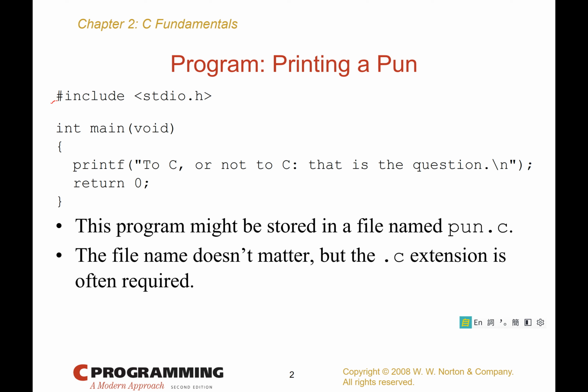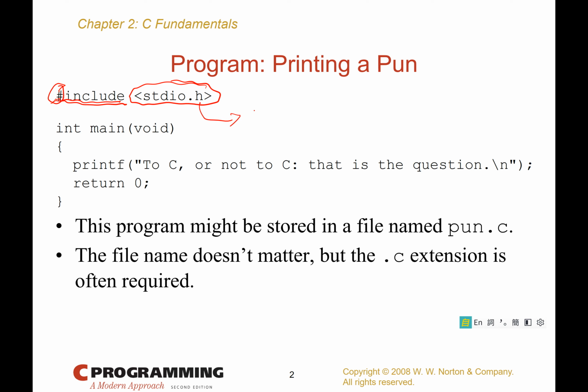We call this include. It starts with the pound sign. So include is a preprocessor directive, a preprocessor command. What you do is include this text file with extension .h.